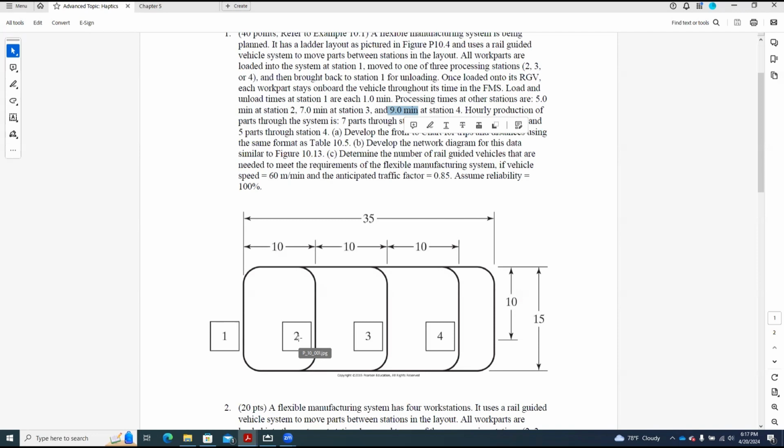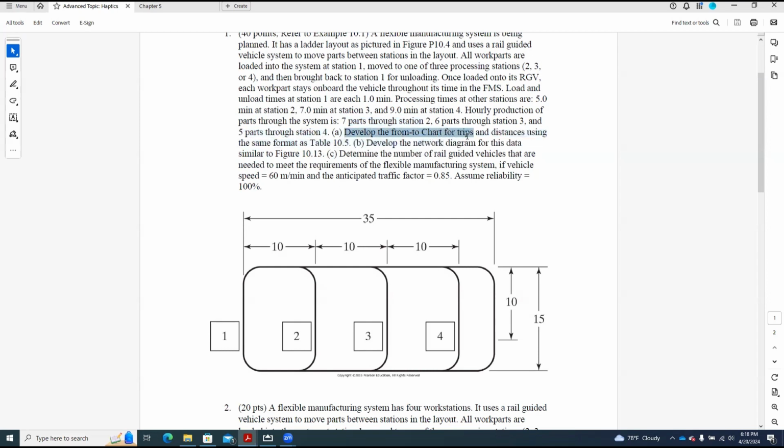The hourly production rate is 7 parts through station 2, 6 through station 3, and 5 through station 4.